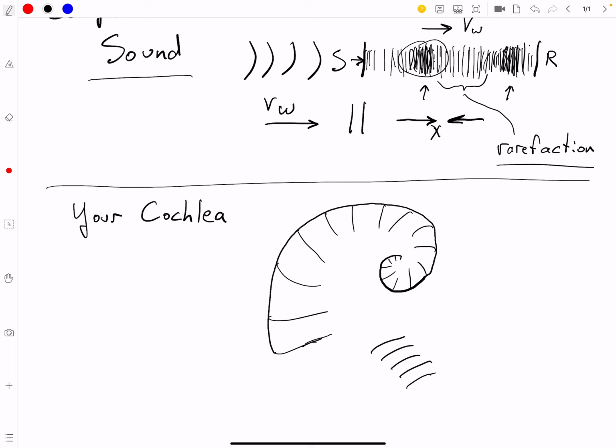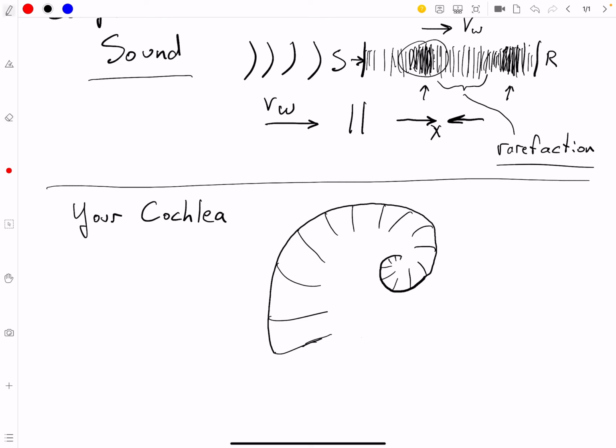The sound is going to resonate with a hair that happens to be this wide. And I'm not doing this justice. Hold on. Let's start it over again.